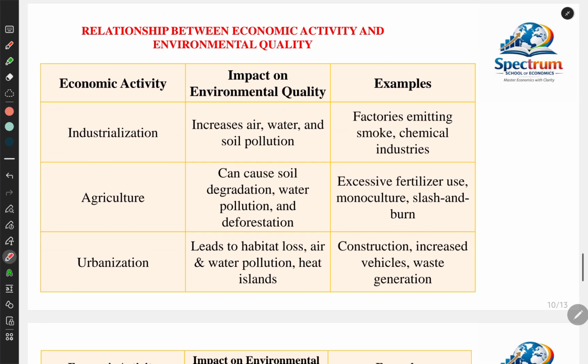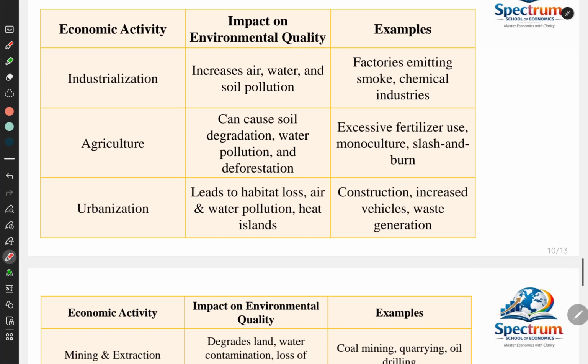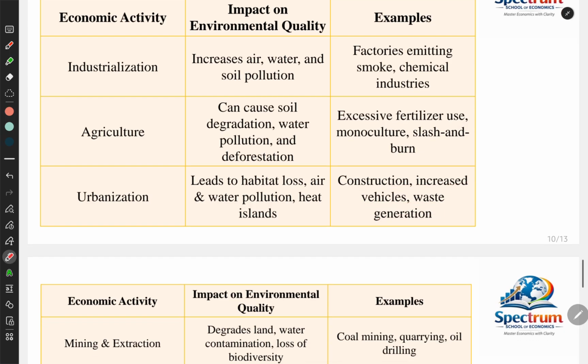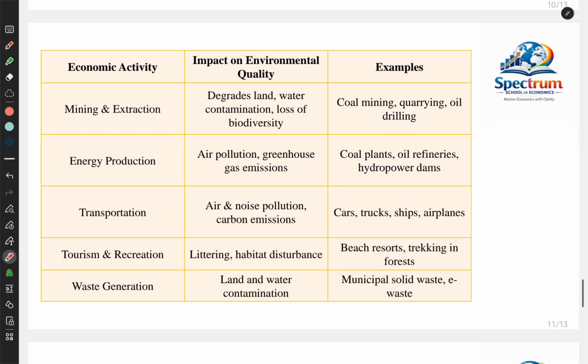So here some examples are there. For industrialization, there are examples like factories emitting smoke and chemical industries. In agriculture, excessive use of fertilizers, then slash and burn methods. Then in urbanization, construction, increased vehicles and waste generation also impact environmental quality. Then in mining, coal mining, quarrying, then oil drilling also affect environmental quality.